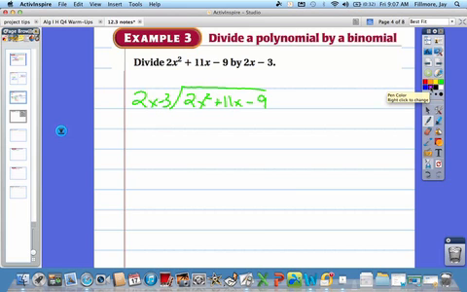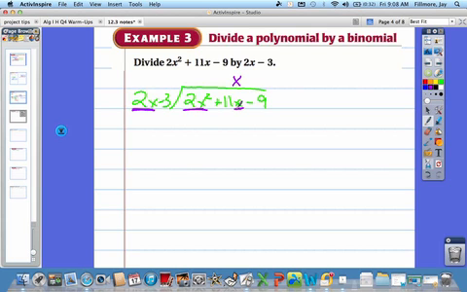So again, we look at our x's in the front here mainly, and we're looking at our first term of 2x squared. Well, 2x squared divided by 2x is going to simply be x, and if you need help working that out, we already did that in class. We put our x up here, so it's directly above like terms.